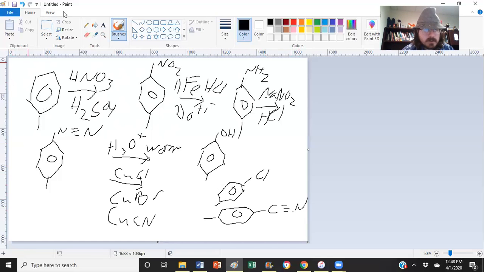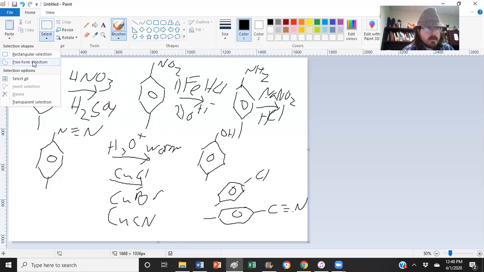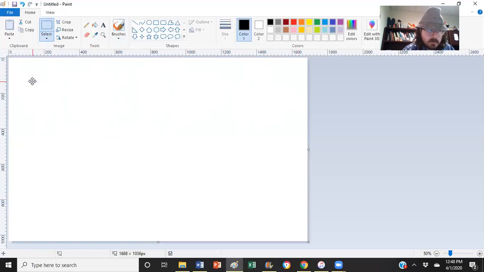I'll keep this up. There's a few more I can show. So some of these, the bromide and the chloride, are rather easy to add. They go the same way. But I can add a fluorine. Fluorine is a little bit harder to add. So fluorine, I have to add from a borofluoro compound.